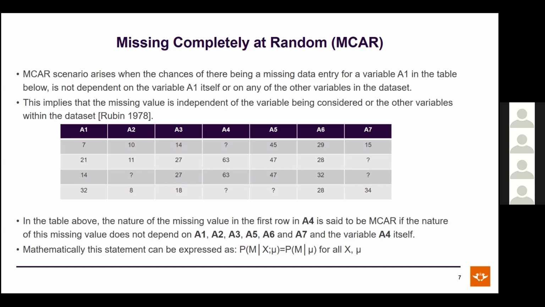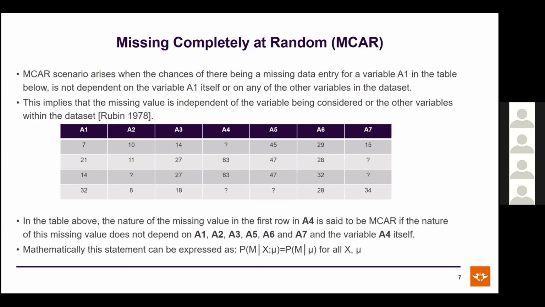Just to provide context, instead of using dummy variables A1, A2, A3. What this basically means is the missing value is independent of monthly income itself.